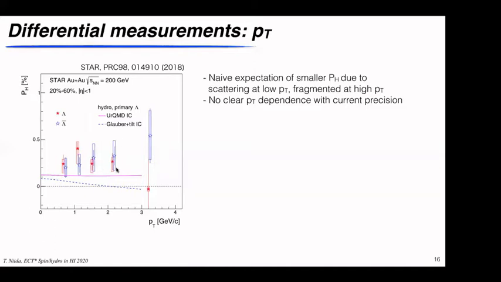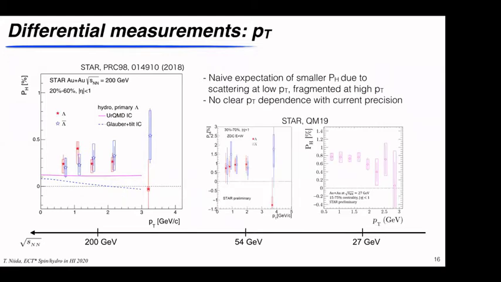Of course, the error bar is still large, but also the hydro model predicts a similar weak pT dependence. The different initial condition may lead to slight difference. And if you also look at the 54 GeV and 27 GeV, we also didn't see any significant pT dependence.